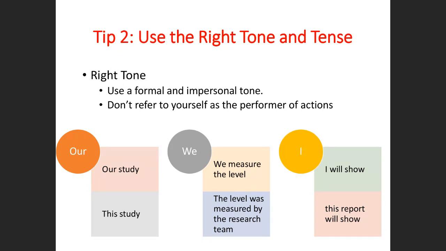But if you feel you don't have a clear active person to refer to, you can use the passive voice. Also, avoid using "I will show you in this paper." Instead, just say "this report will show," or "this study will illustrate," or "this figure will explain," and so on.